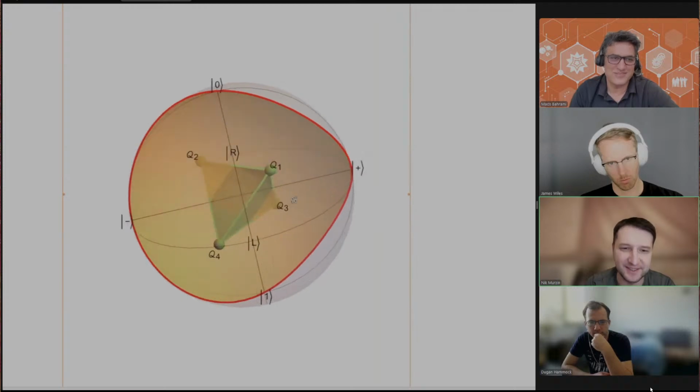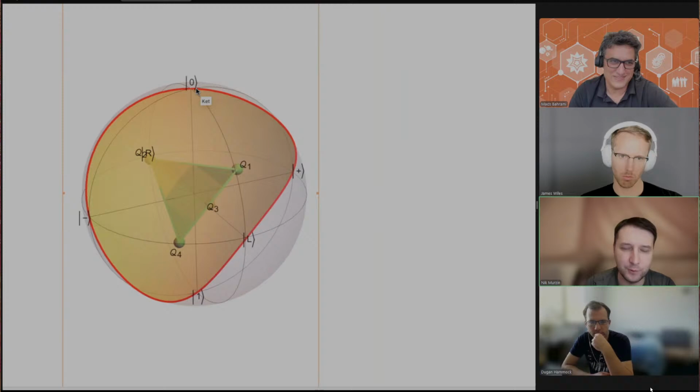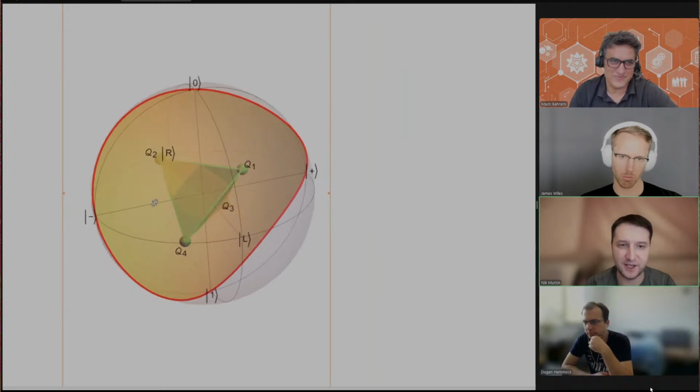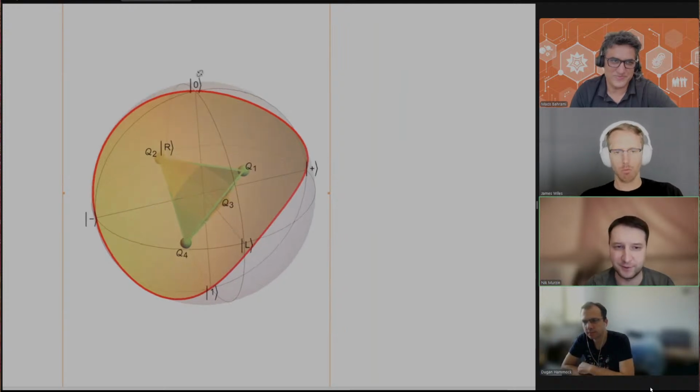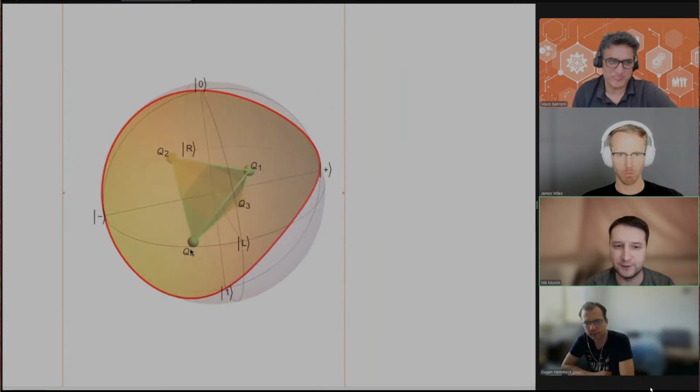It's called symmetric. You can think of it as essentially the way you go from this POVM to the projective measurements. Somehow you're identifying some of the measurements. For example, if you want to measure the projective measurement along the Z-axis, you just identify Q1 and Q2, and Q3 with Q4.